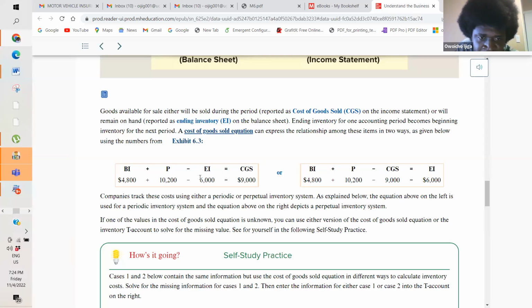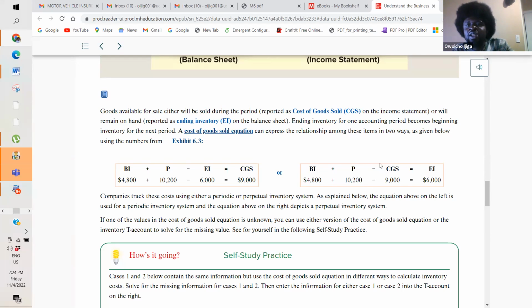So this equation is for the periodic inventory system. However, the perpetual inventory system is the system used by Walmart, where you have a POS, point of sale, scanner that scans every item going out and coming in, and calculates the sales revenue.